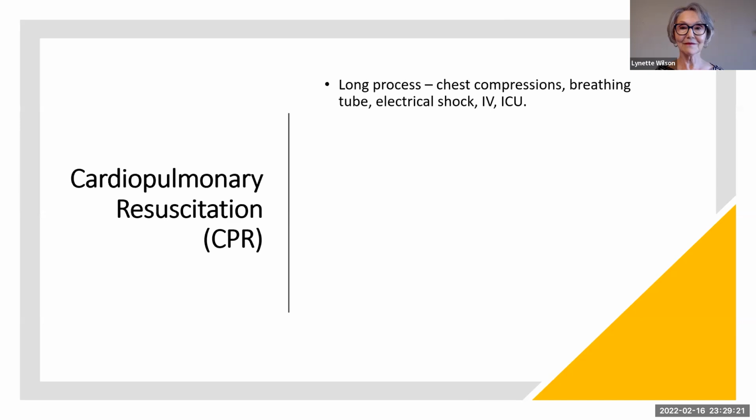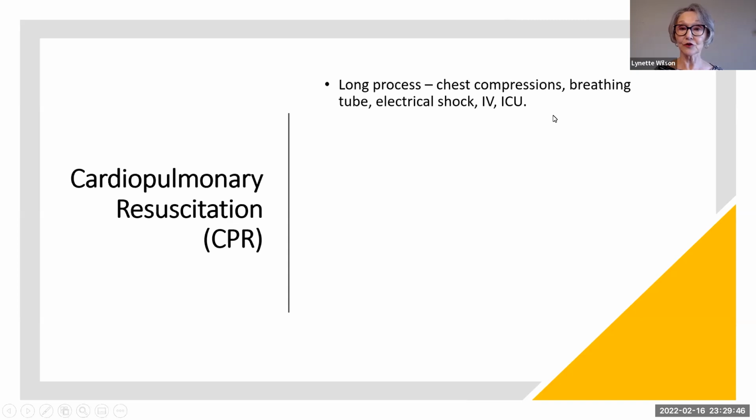In breathing for someone, air is forced into the lungs, and most typically, one of the first things that's done is that a plastic tube or a breathing tube is inserted down into the throat so that we make sure that that airway is open so that air is actually getting through to the lungs.